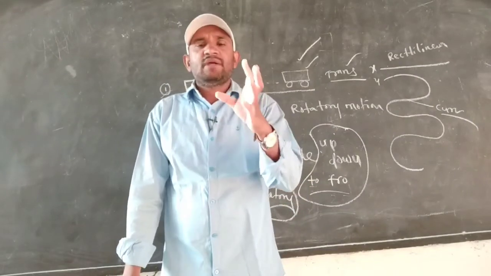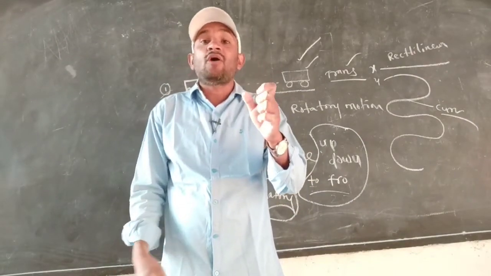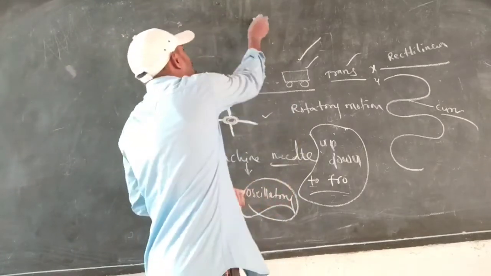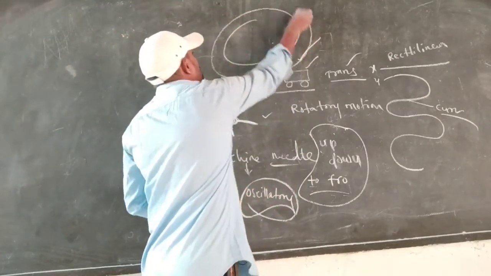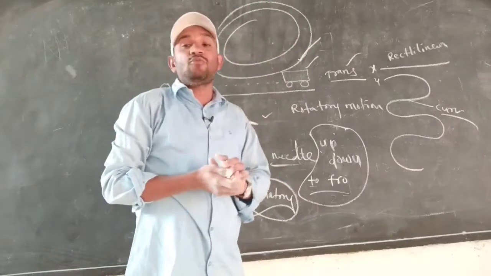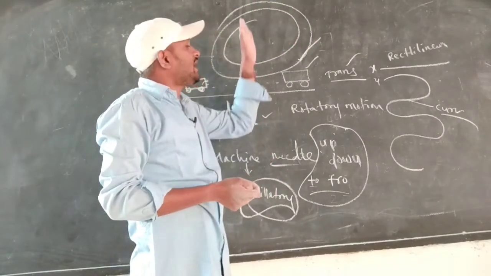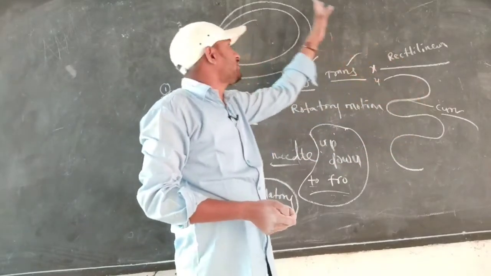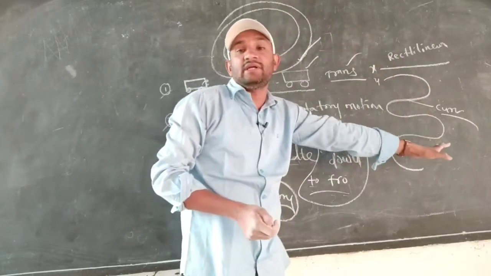Suppose some boys are running on the track. The track is always curved like this. So it is an example of translatory and curvilinear. It's not rectilinear, it's translatory with curvilinear only.